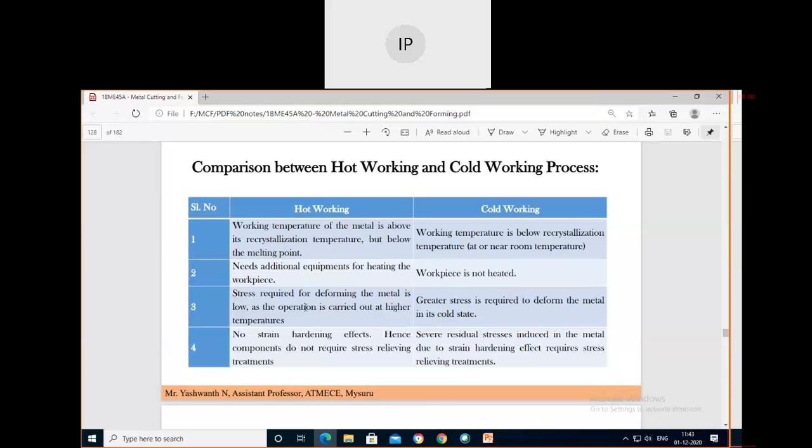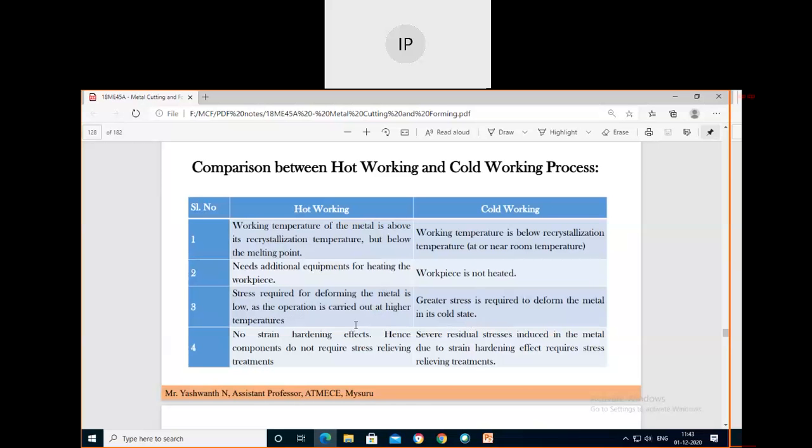If you see the third one, the stress required for deforming the metal is low, because heat is added. Due to heat there will be crystalline structure changes. Due to that, the stress required is minimum, as the operation is carried out at high temperatures. But in cold working, greater stress is required to deform the metal in its cold state.